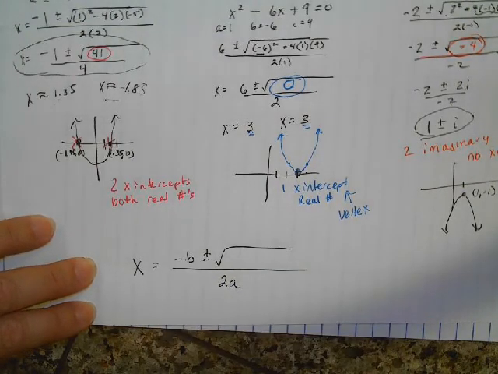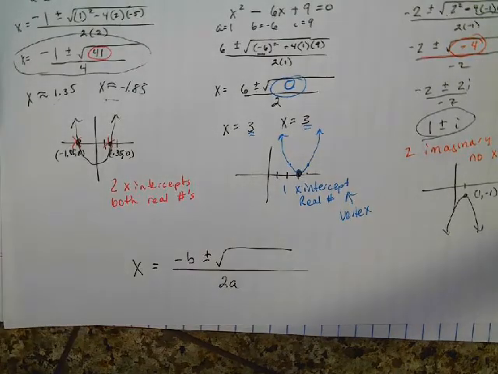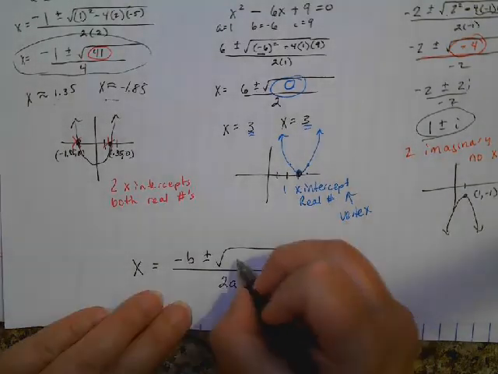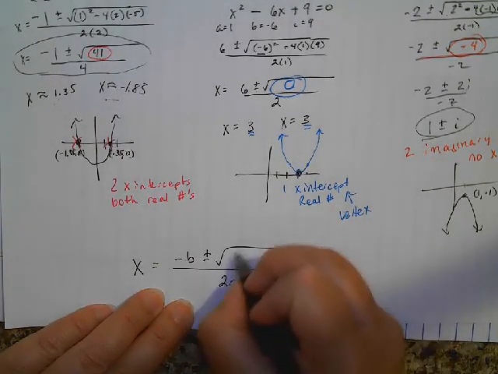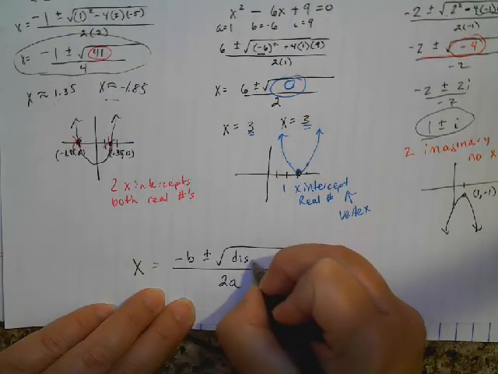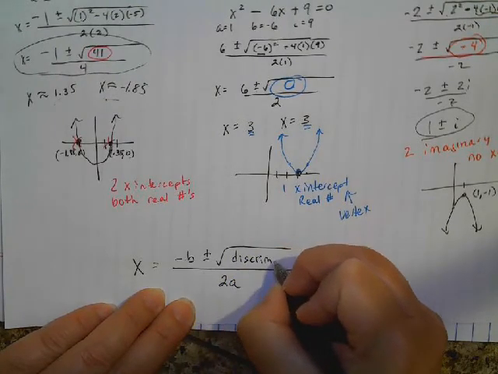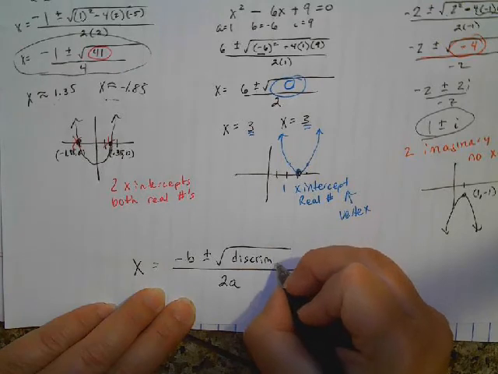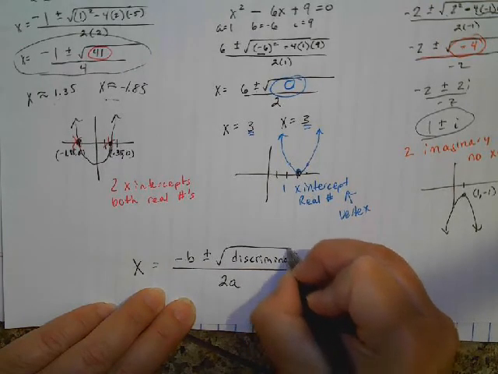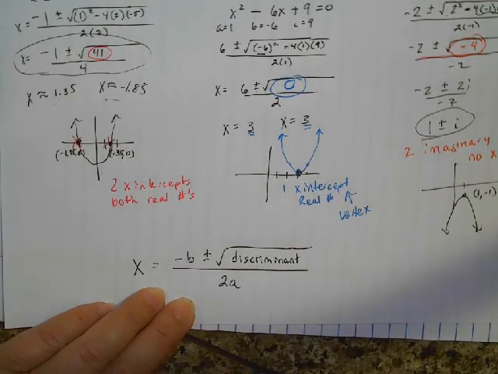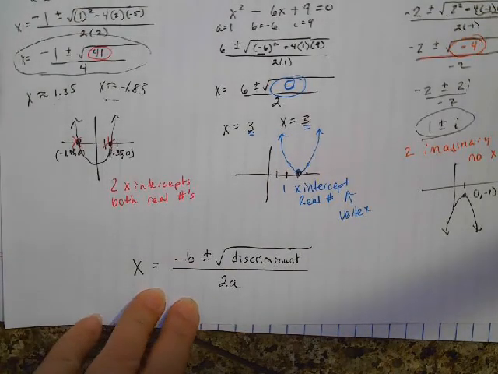But if we go back up and we look in our examples, that number that's underneath the radical tells us so much about the way our graph looks. This part that's underneath the radical is called the discriminant. The discriminant. And you'll see that word more than once in math. So the discriminant tells us a lot.